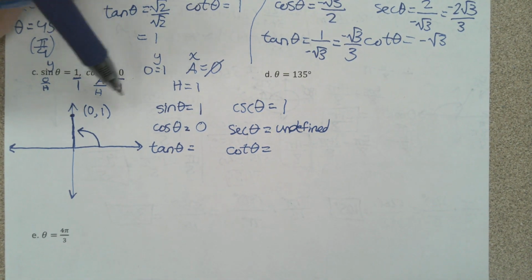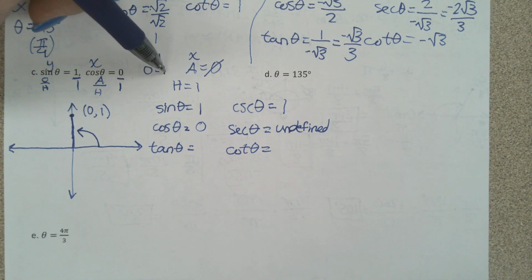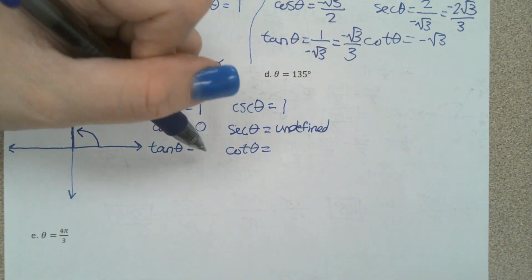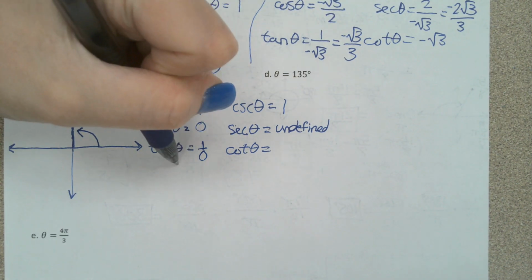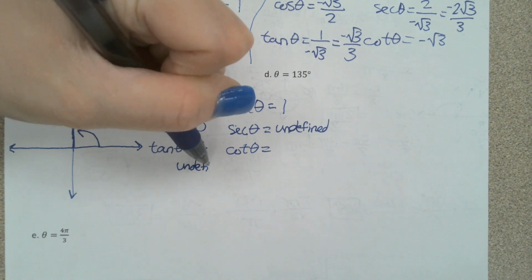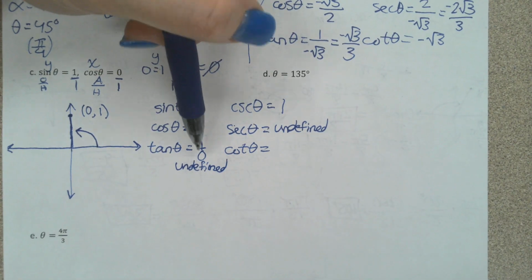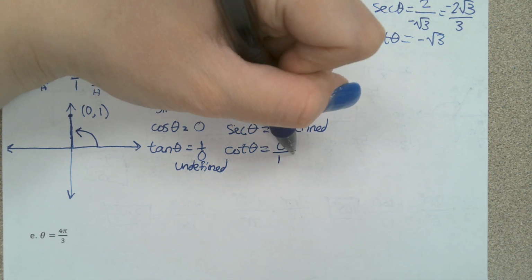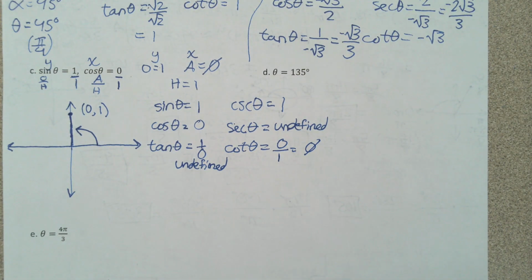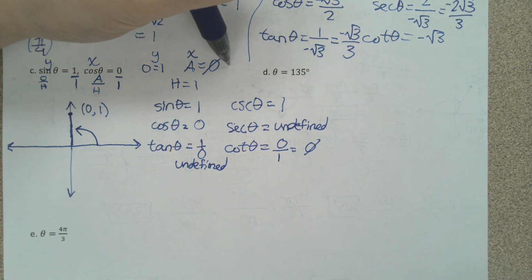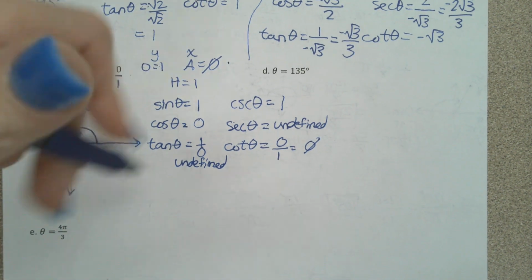Tangent, that's O over A. O is 1, A is 0. That's undefined. And then cotangent is the flip of that, 0 over 1, which is just 0. So that kind of worked out. All right. Oh, I forgot to do alpha and theta.